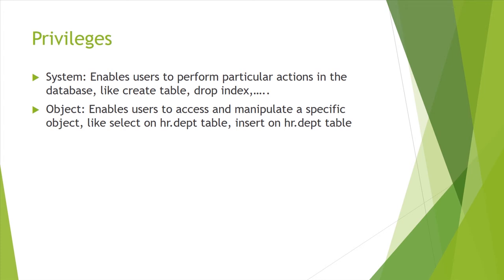For example, select on a table called department table in HR schema, or insert in HR.department table, or privilege to delete from HR department table, and so on. So system privilege allows the user to perform a particular action in the database, while object privilege allows the user to perform a specific action on a specific object, for example, department object, employees object, sales history object, and so on.